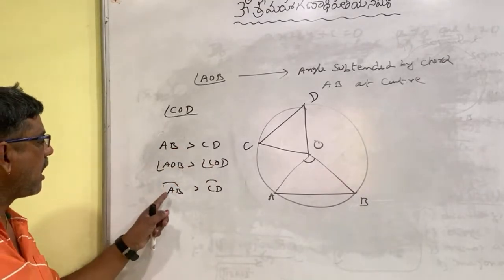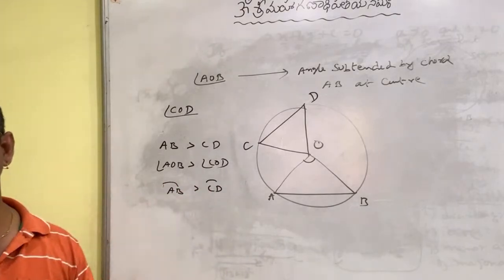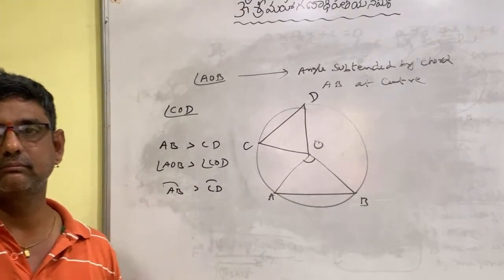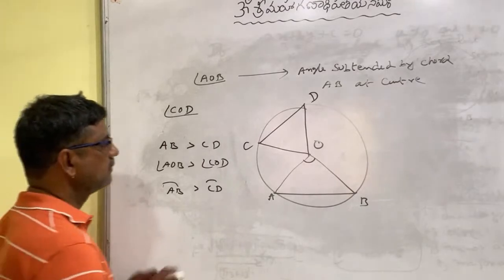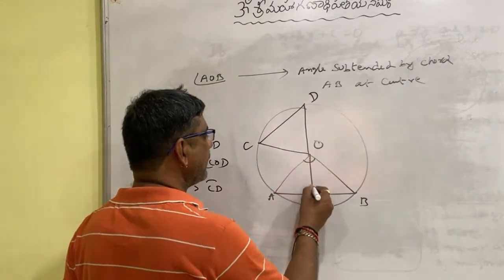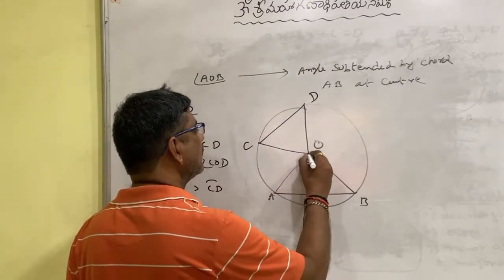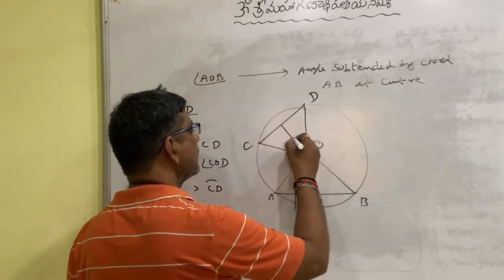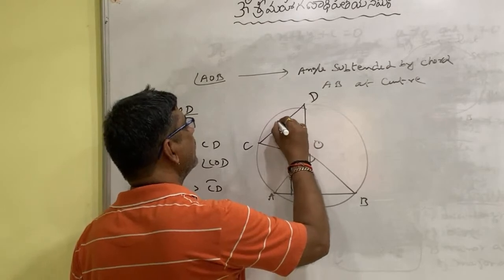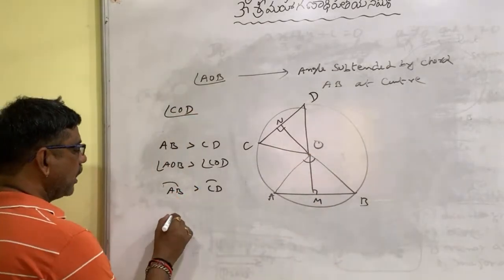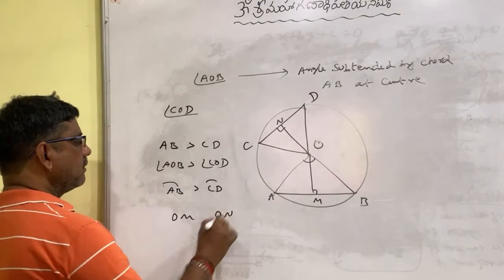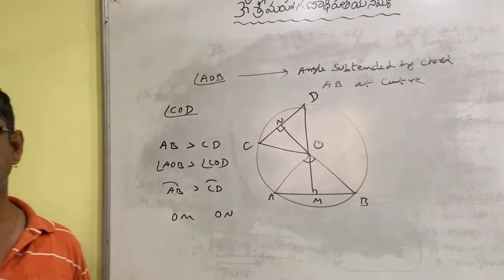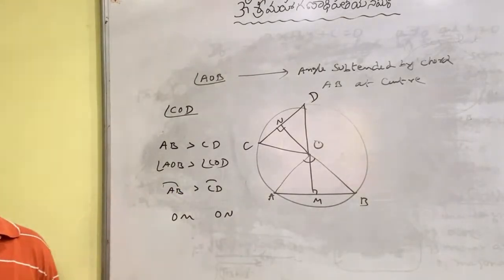Not only that, arc AB is greater than arc CD. And moreover, if I draw the perpendicular OM to AB and ON to CD, out of this OM and ON, which is greater?